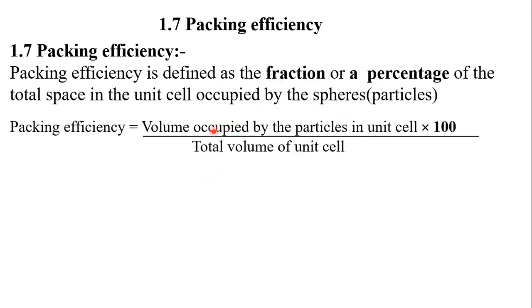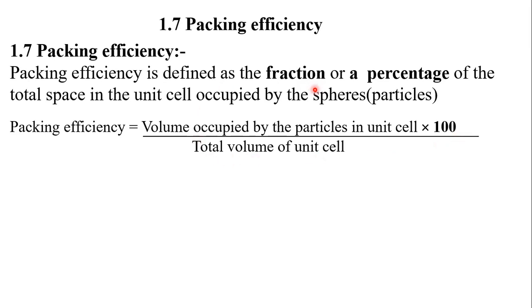That is, the volume occupied by the particles in a unit cell divided by the total volume of the unit cell gives you the packing efficiency in fraction. And if you want to calculate it in percentage, then you have to multiply it by 100.